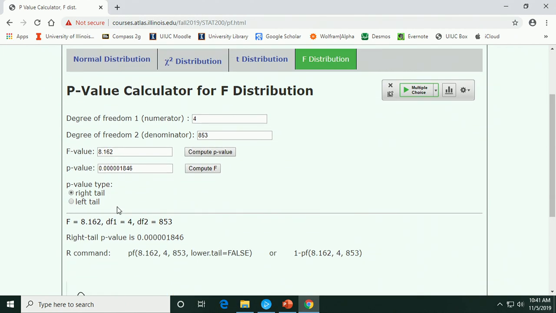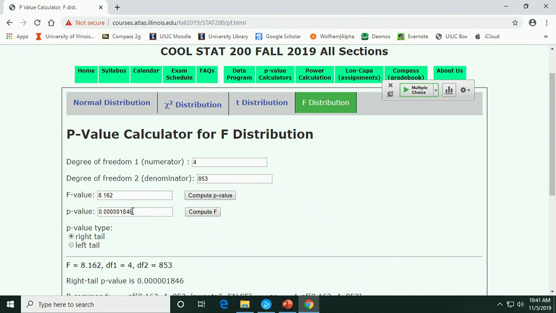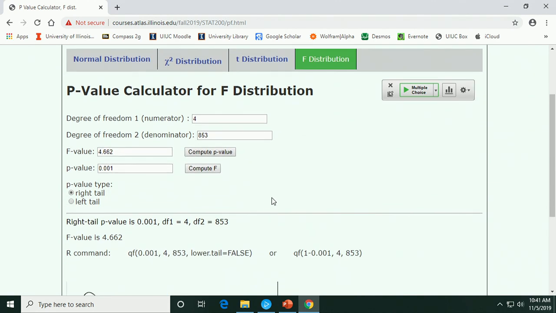If we wanted to figure out the critical value at 1%, why don't we do that? So we'll figure out the critical value at 0.1% like we did for the other one. And now we'll compute the F. So it's 4.662. All right, we might as well write that down. So let's go to the document camera.